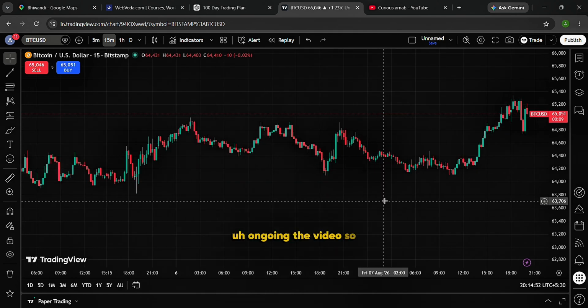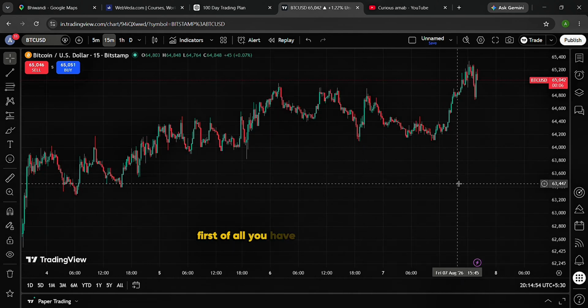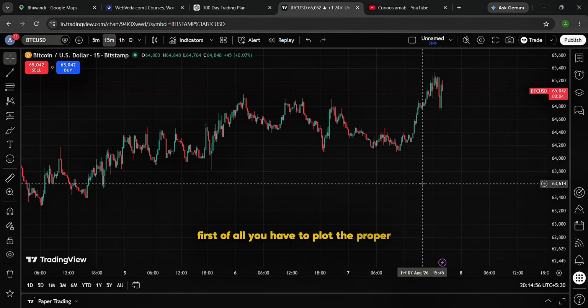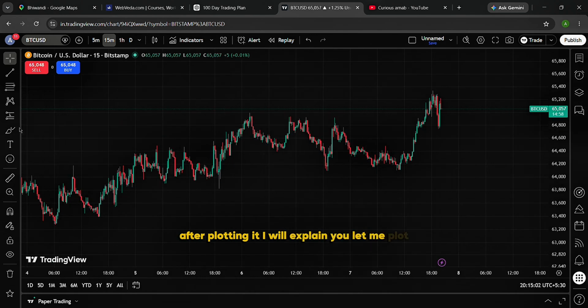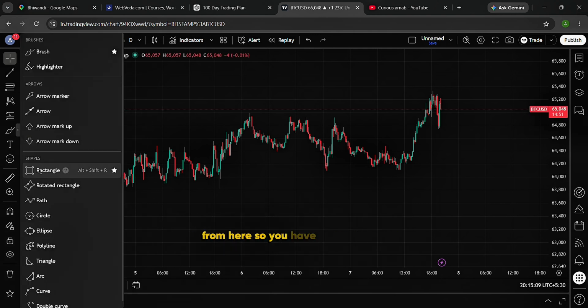Going on with the video, first of all, you have to plot the proper support and resistance in the market. After plotting it, I will explain it to you. Let me plot that. If you don't know how to plot support and resistance, you can also learn from here. You just have to select the rectangle tool.